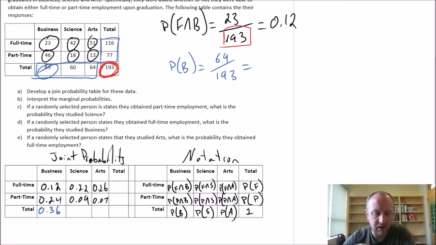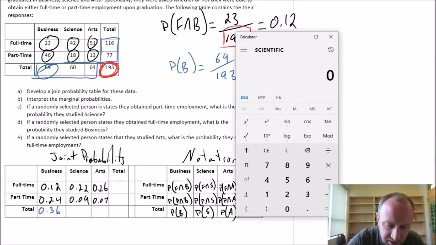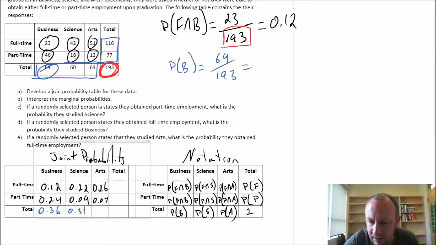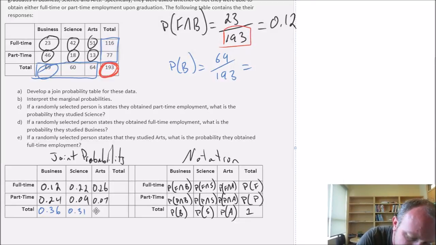And let's just move along that row. So now the probability of randomly selecting a science student is 60 out of 193, so 0.31. And randomly selecting an art student would be 64 out of 193, 0.33.